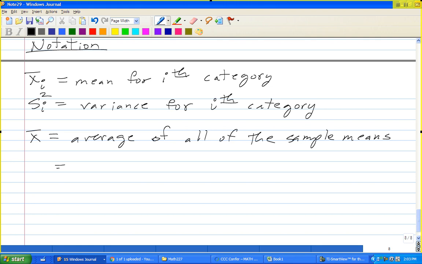And so this is just equal to the sum, let's call it n sub i. So it's just the average of the averages.